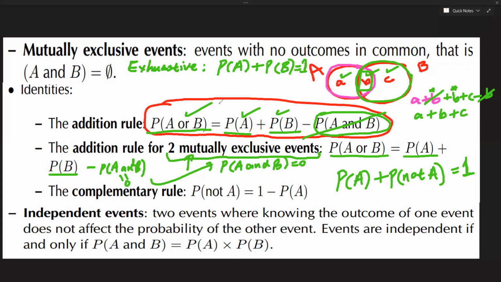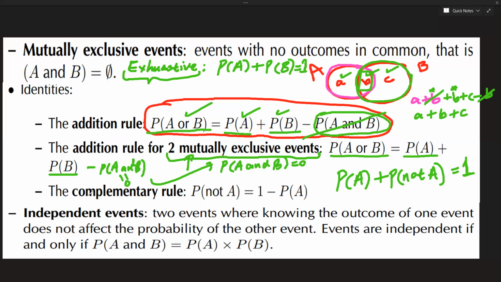If two events are exhaustive, it means they use the whole sample space. Remember, the sample space is 100%, which is 1. So if two events are exhaustive, when we add their probabilities, we're going to get 1. So if the question asks you to prove if events are exhaustive or not, you have to show that the probability of event A and event B, when added together, are going to give us 1.